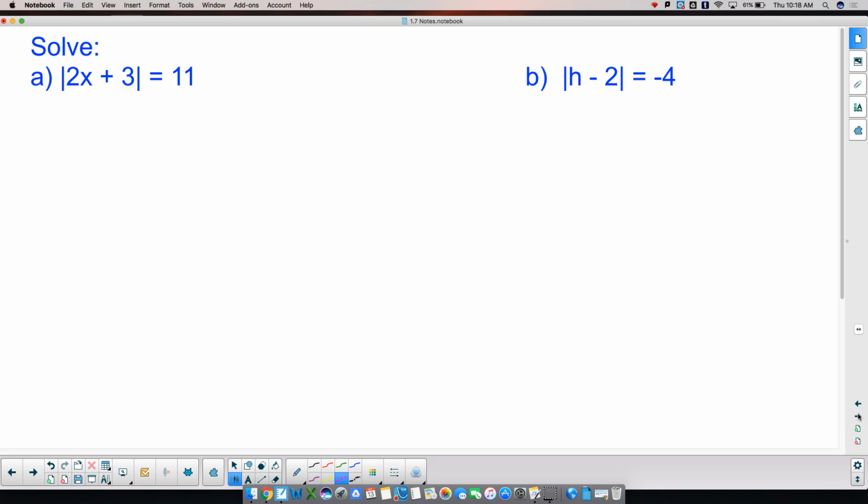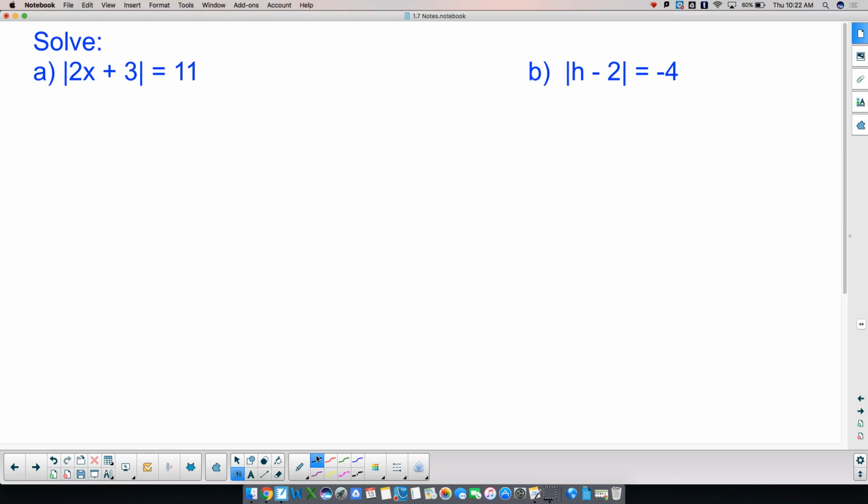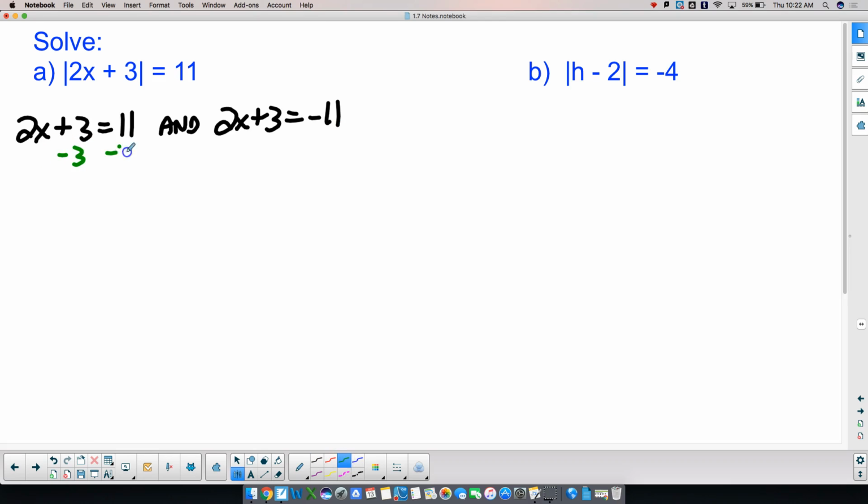I would like you to now solve those 2. Okay, so first off, 2x plus 3 is going to equal 11, and 2x plus 3 is going to equal -11. Then subtract 3. That gives me 2x equals 8.